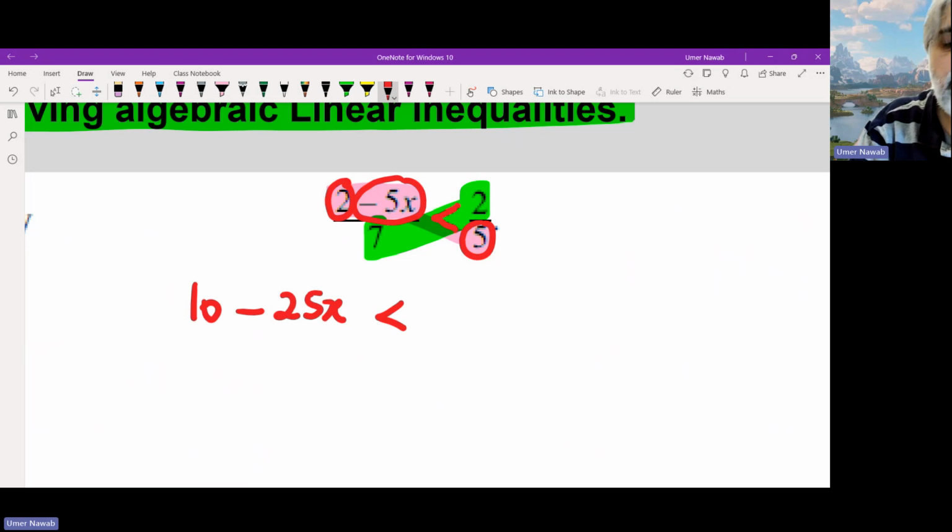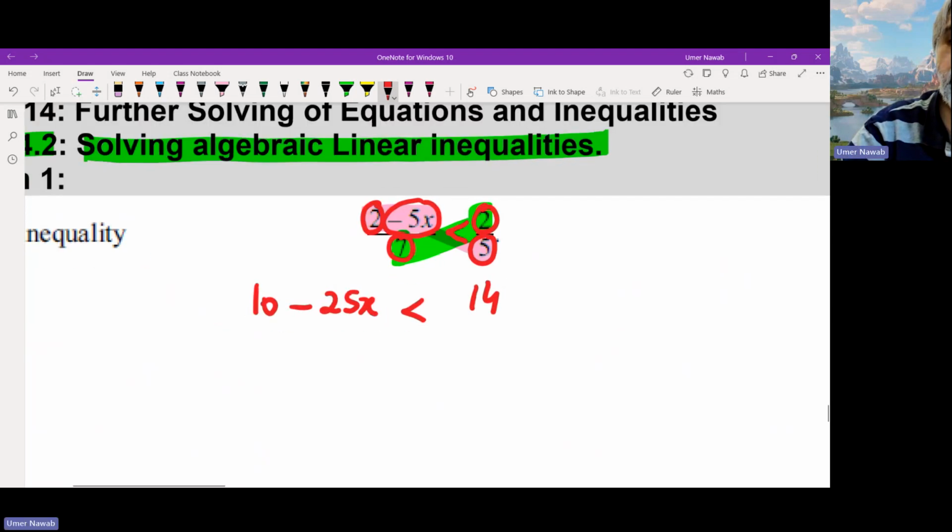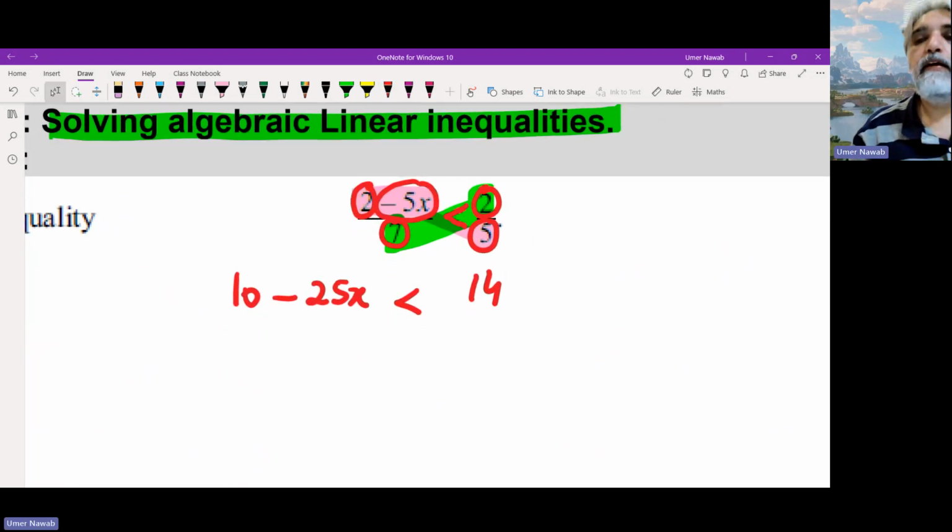Keep the same sign, don't change it. 7 multiplied with 2 will make it 14. Now, the subject term is negative here. As you guys see, I have my subject term, which is negative 25.